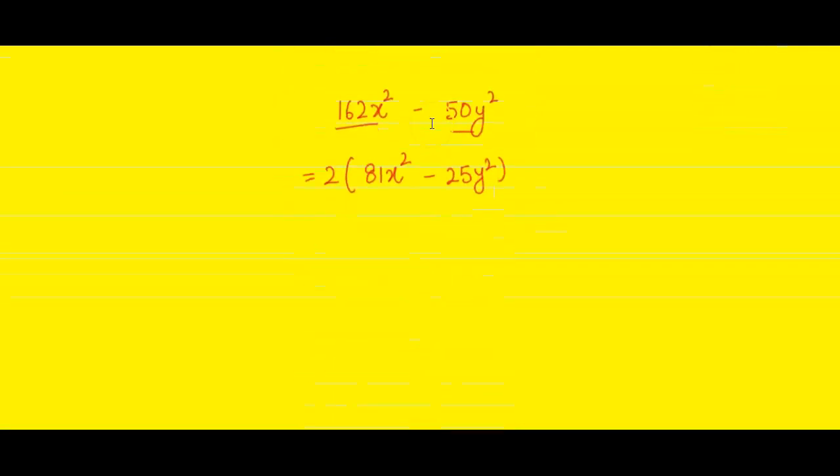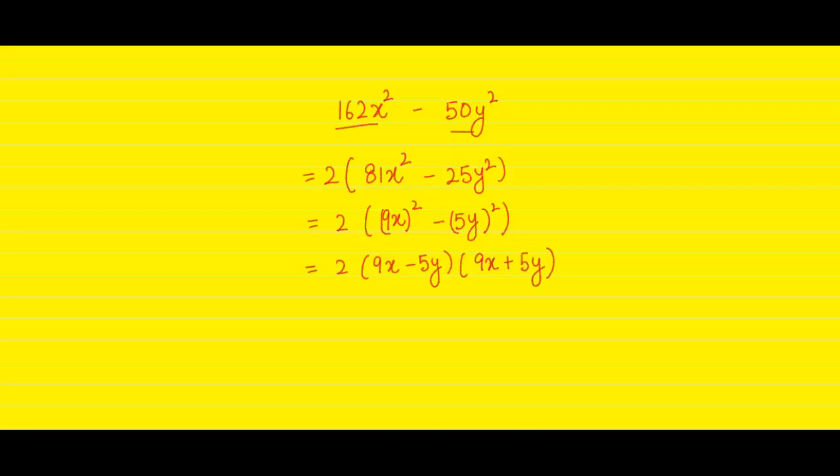Yes, it is. Now we can express it as a difference of squares very easily like this. And now we can split this into two more factors, 9x minus 5y and 9x plus 5y.